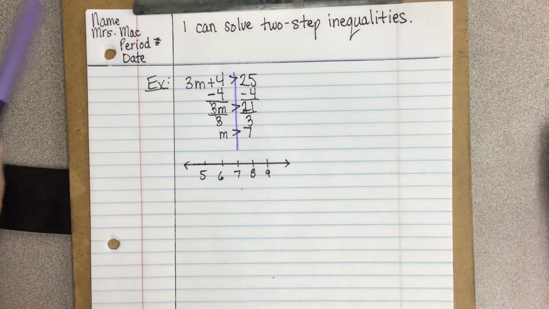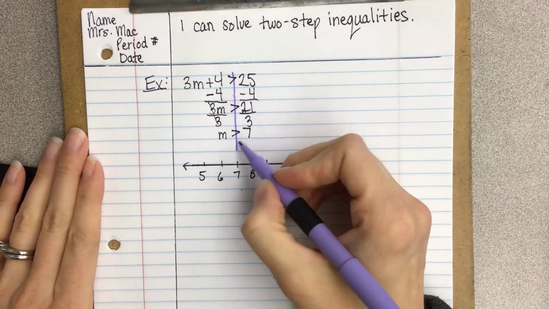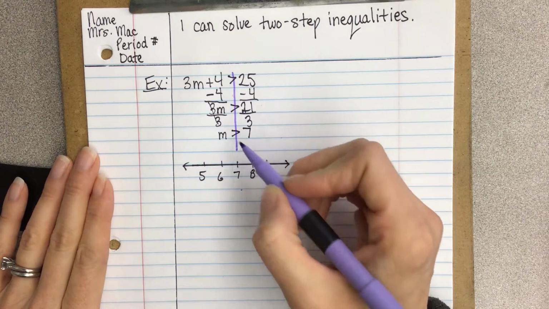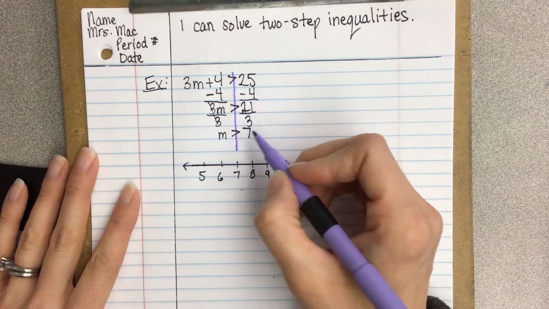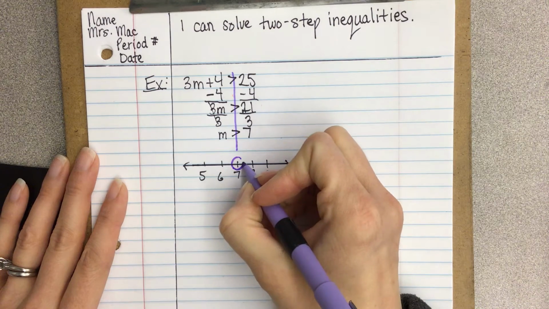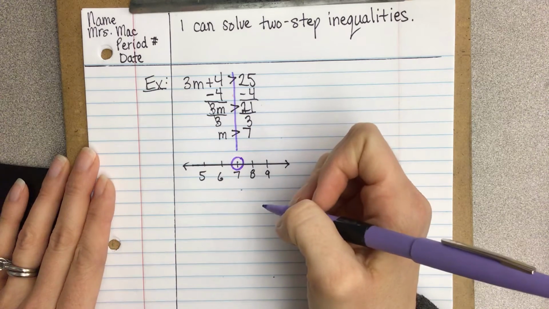Okay, now we know already that if it is greater than without the equal to line underneath, then it's going to be an open circle. It is open because 7 is not one of the solutions. In this case, it's going to be everything that is greater than 7.